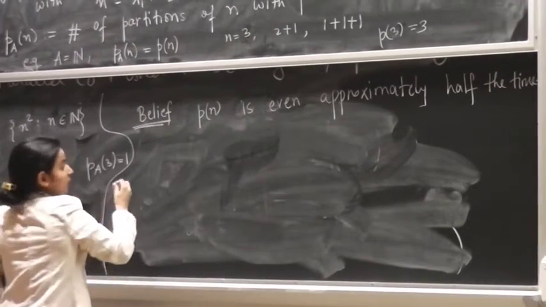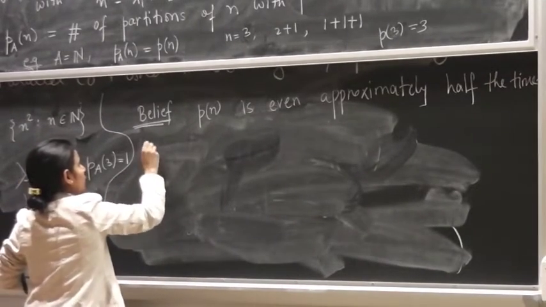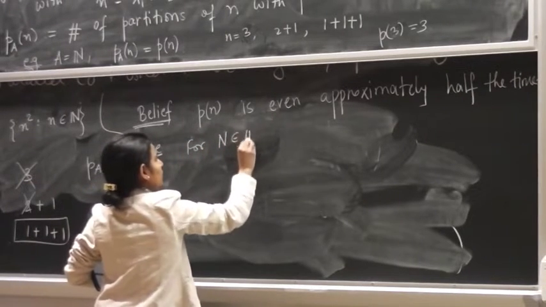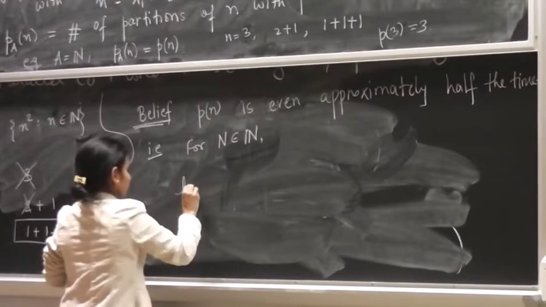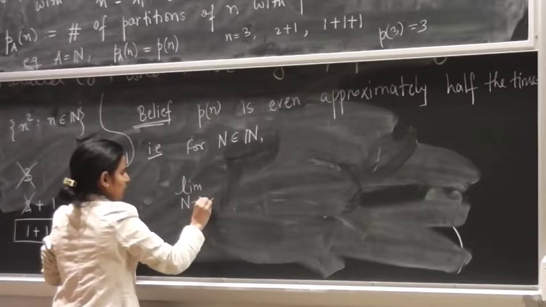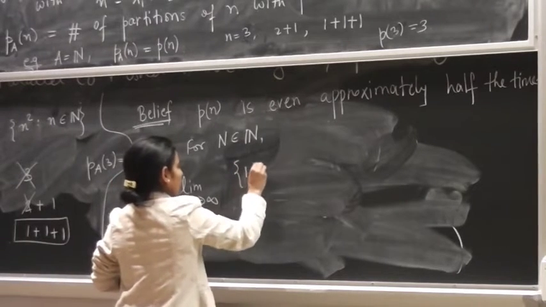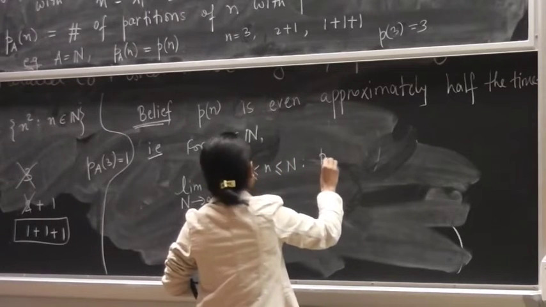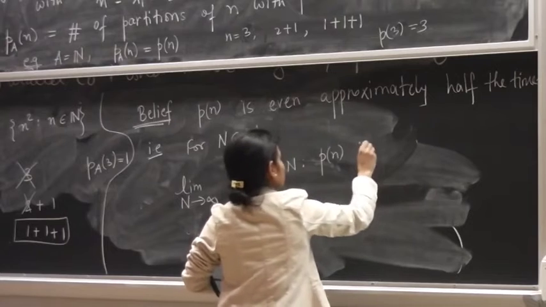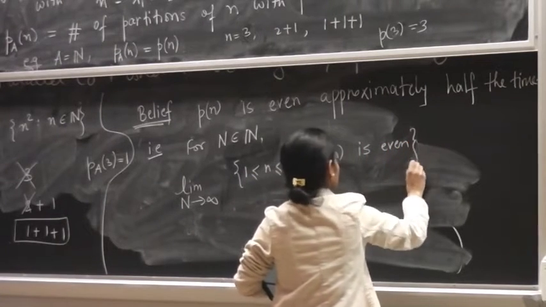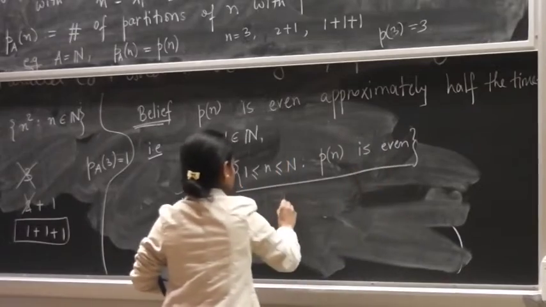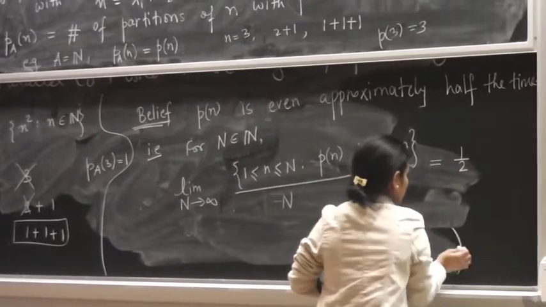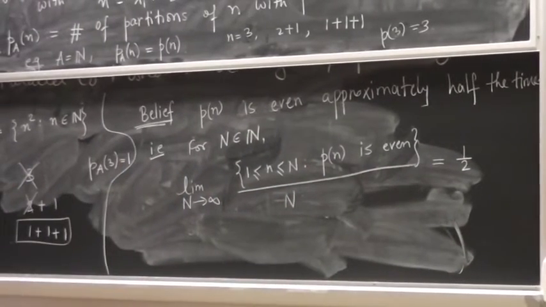What we mean by this, more precisely, is if you take any capital N and look at the limit of the ratio of all little n larger than 1 and smaller than N such that P of n is even, and you divide this by N, then this limit is 1/2. So it's even half the time and it's odd half the time.